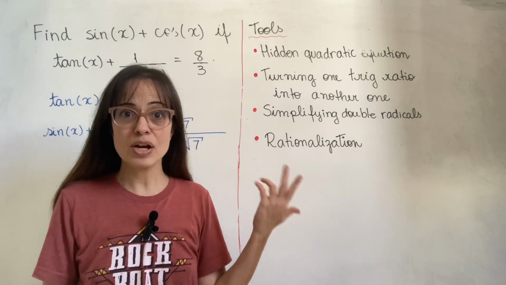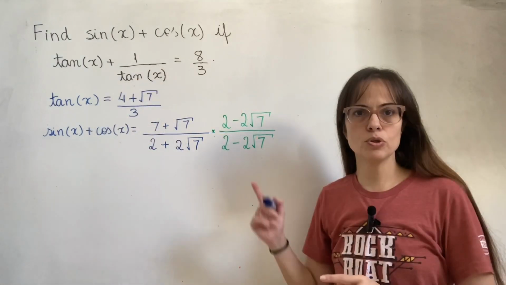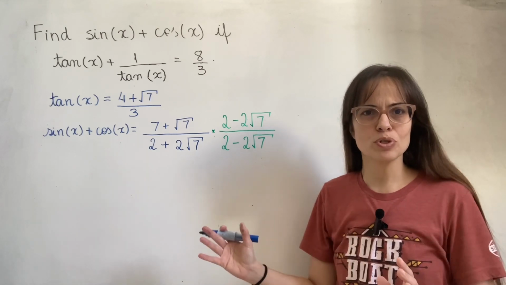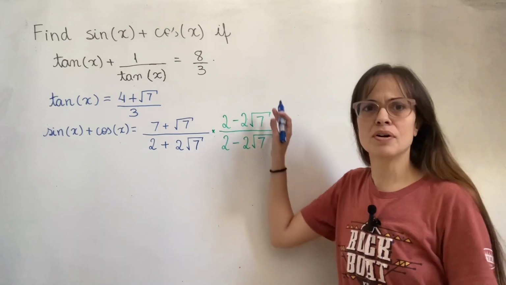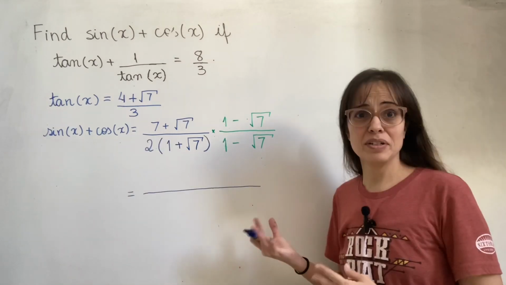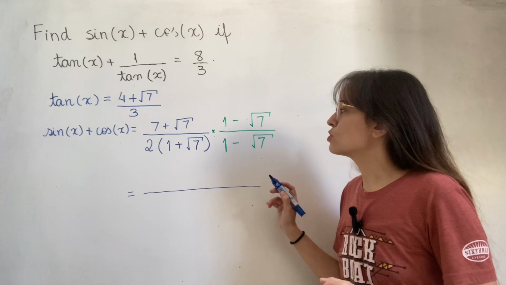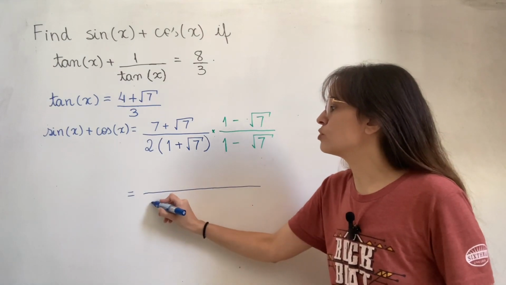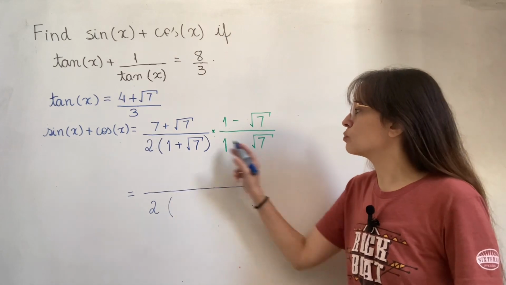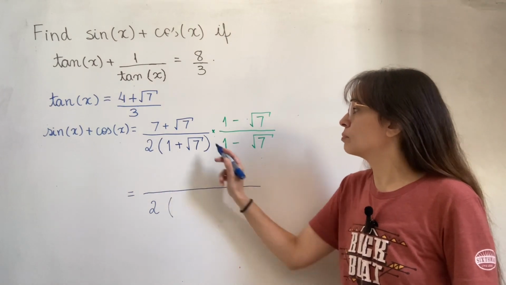So let's go ahead and rationalize this fraction. You could do it like this, but I think that's just too many twos. So let me, before rationalizing, just factor out a 2 from the denominator here. That should make the calculations a little bit easier. So in the denominator, I'm going to have the 2 and then the result of this special product here, which is 1 minus 7.